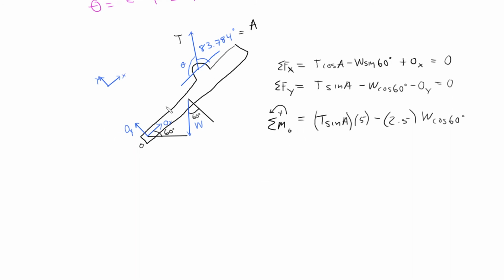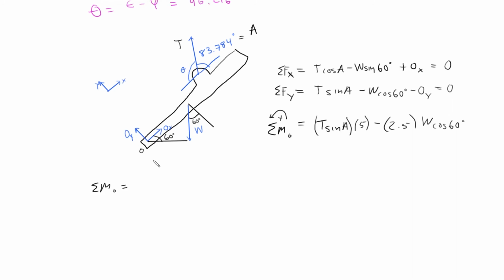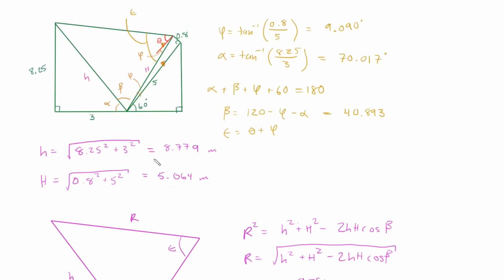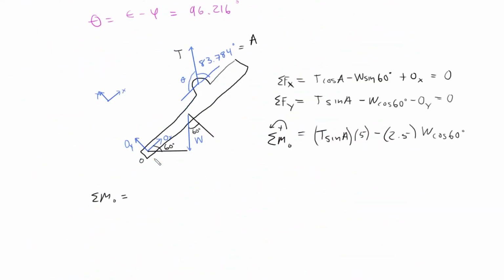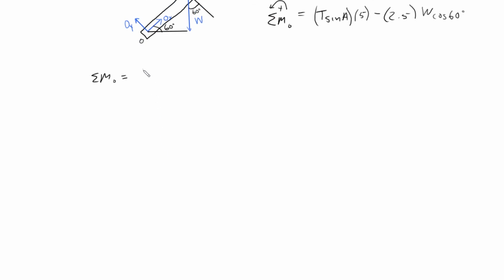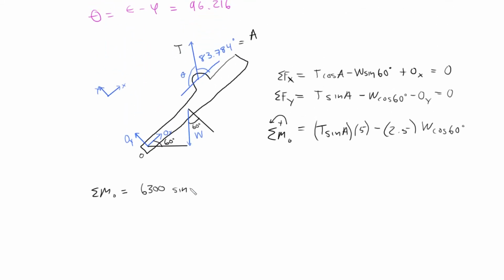So for this instant, the force that T is being applied, this should be the moment about point O. So we could say that the sum of the moments about O is going to be equal to this. We're given that the tension force is equal to 6.3 kilonewtons, so that's 6,300 newtons. The sine of, what was it, 83.784 degrees.